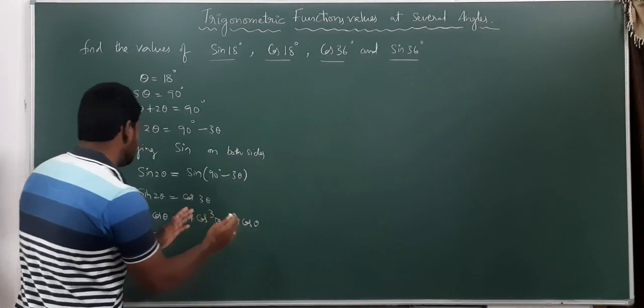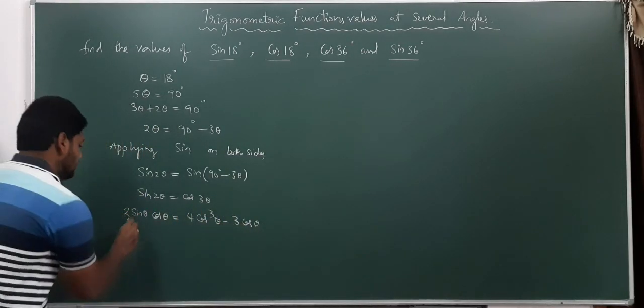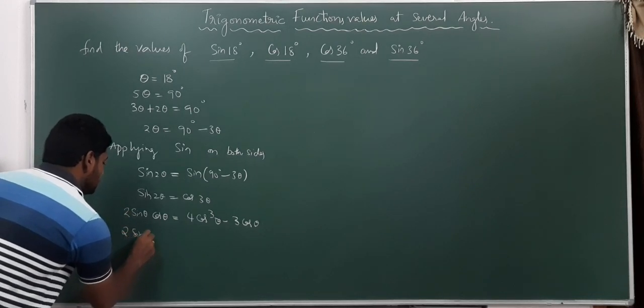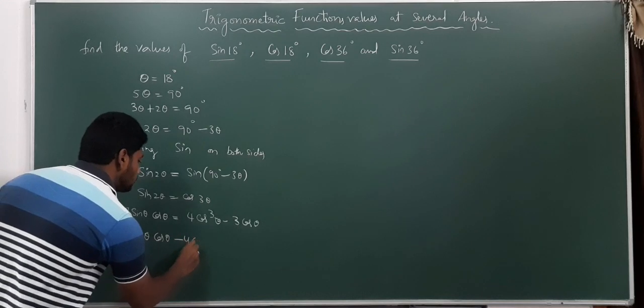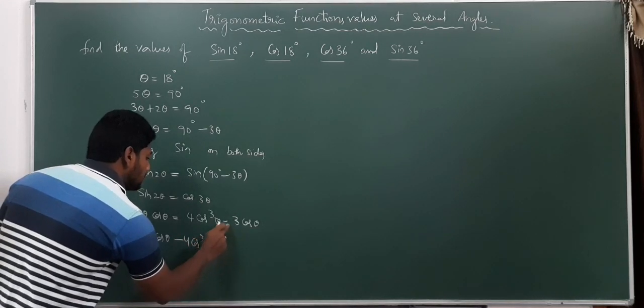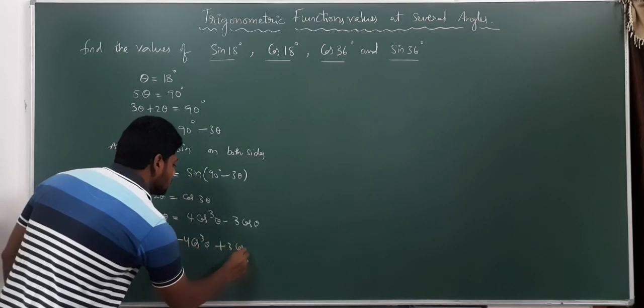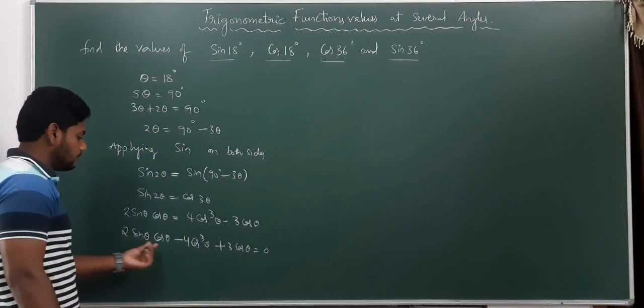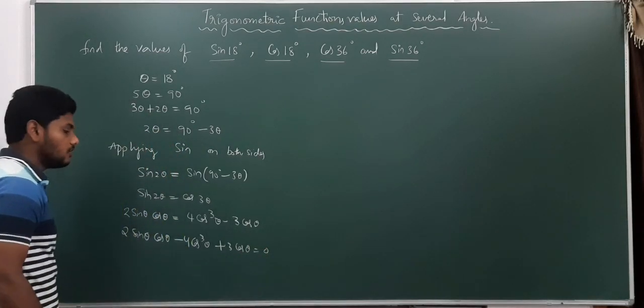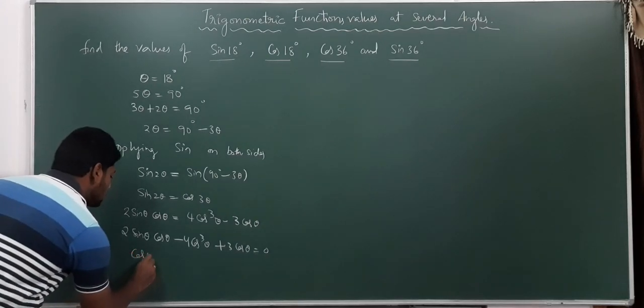Now these all terms I will bring to left hand side, so it will become 2 sin theta cos theta. This plus 4 will become minus 4 cos cube theta, minus will become plus 3 cos theta equal to 0. Now if you observe in these 3 terms, what we can take common? We can take cos theta common.